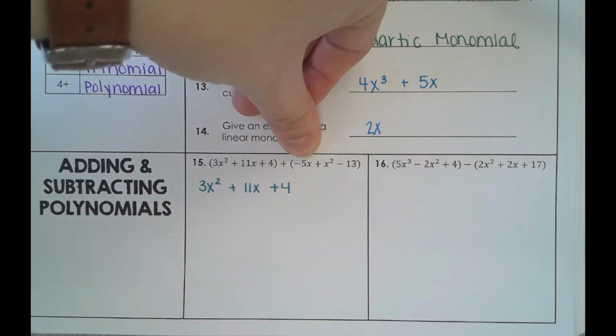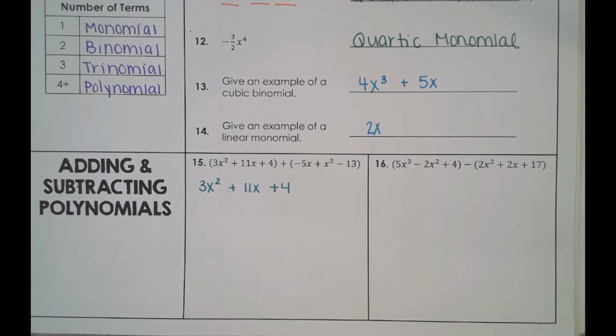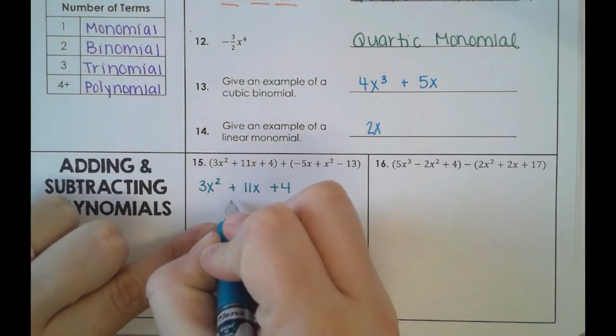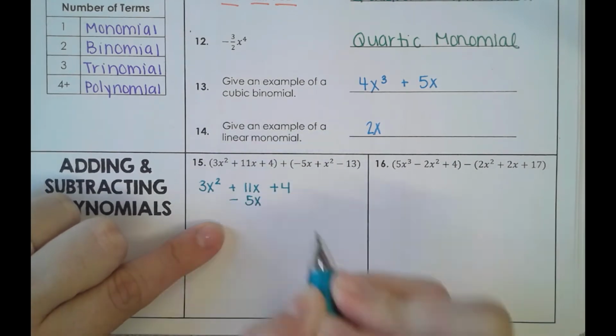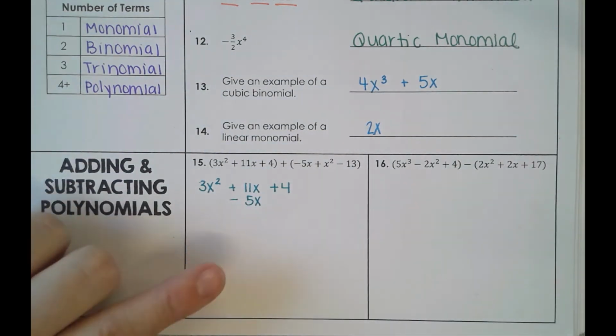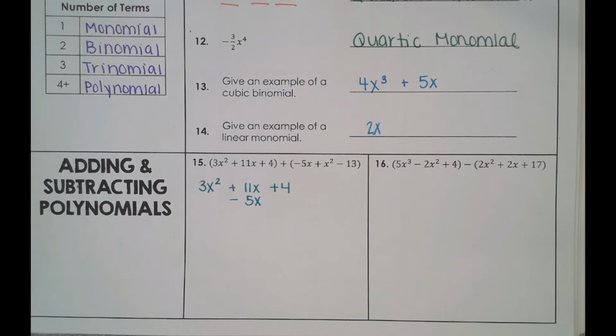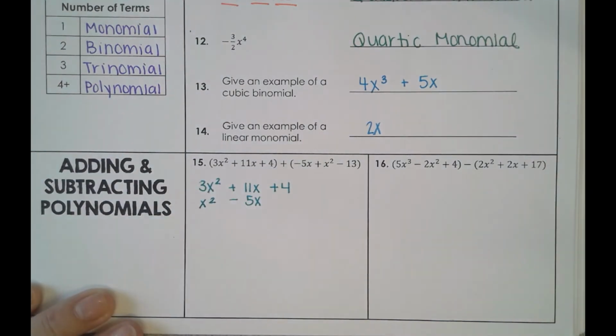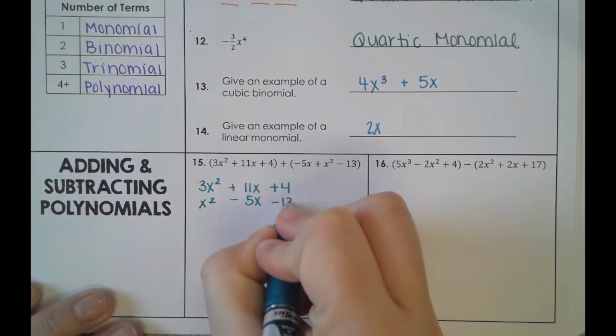So like terms are things like x and x squared, x squared. So this negative 5x, I need to write under the 11x because they are like terms. The plus x squared, I write here in the front so that my x squareds are stacked. And then the minus 13 can go over here.